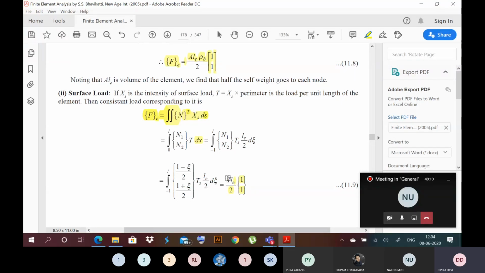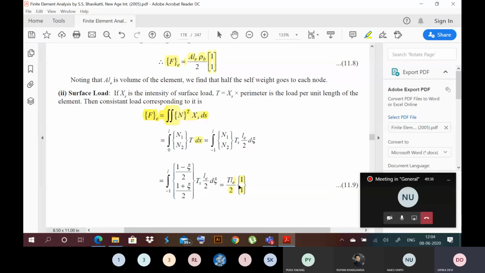So in that case, it will be TE, surface traction per unit length of element E. That way you have to write. Then you have to find out this vector for each and every element separately. LE may not be same or it may be same. Then you have to assemble them for the whole system. For example, let's say we have calculated the contribution of surface traction for element 1.